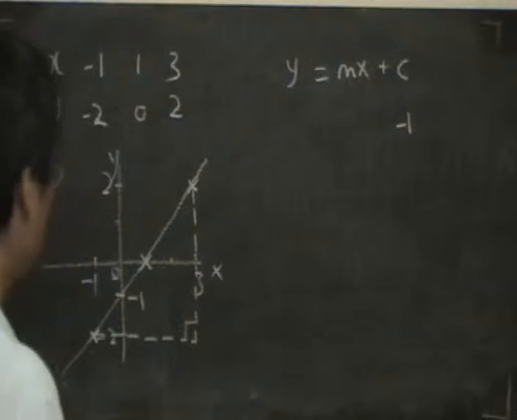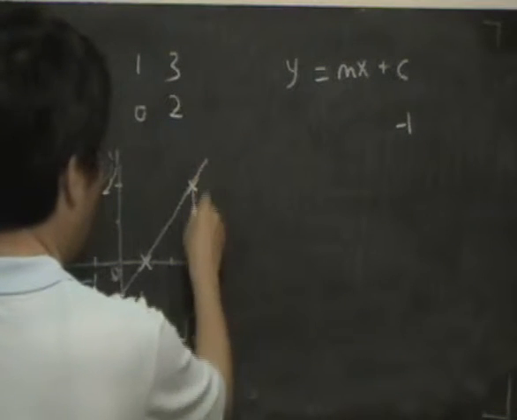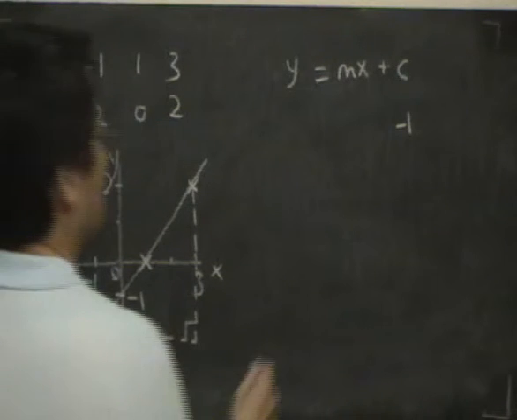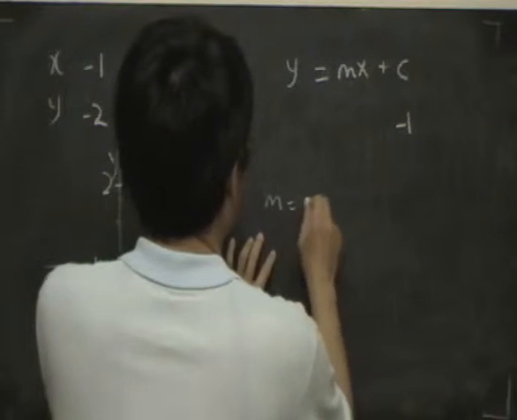Remember that gradient means the vertical side divided by the horizontal side. So m is the gradient.